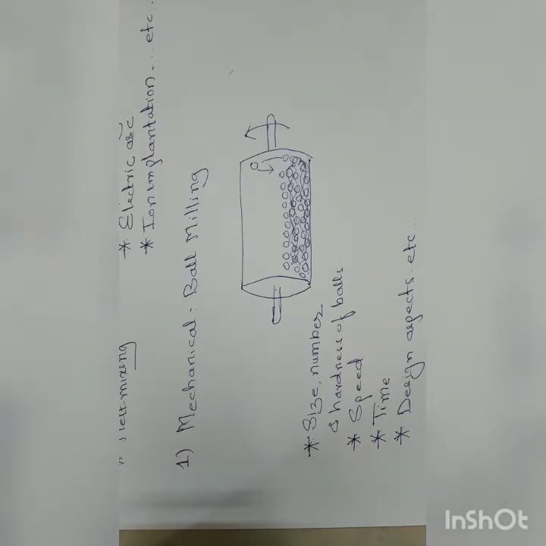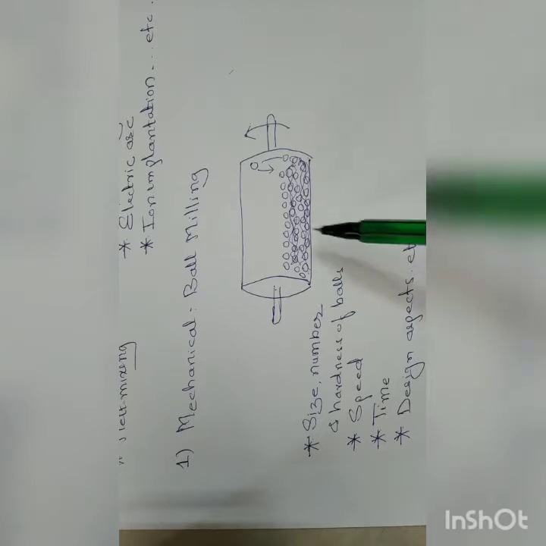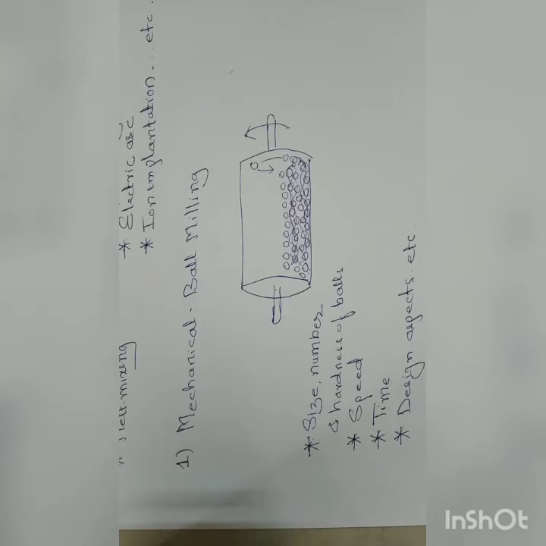Without going into details of this, I just want to tell you there are some critical parameters when we make nanoparticles by this ball milling method. The size, the number and the hardness of the balls that we have here is an important parameter.